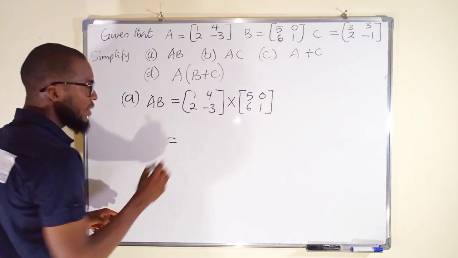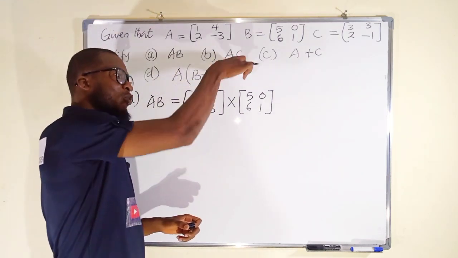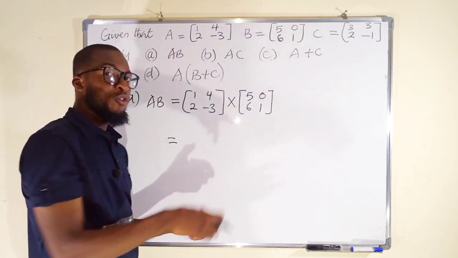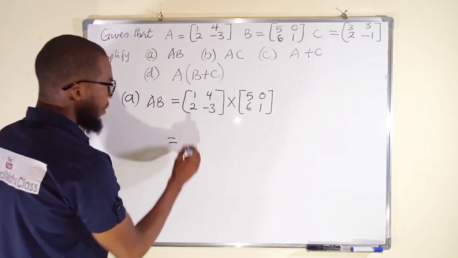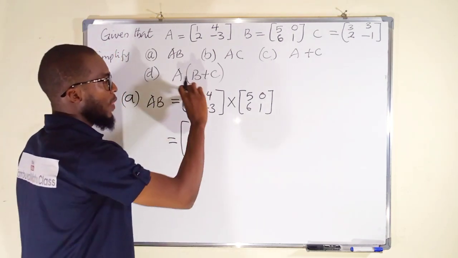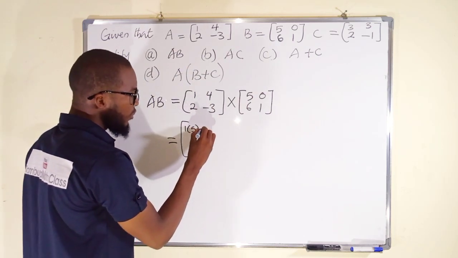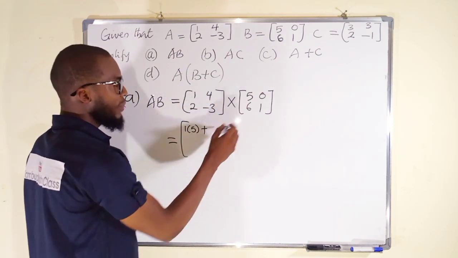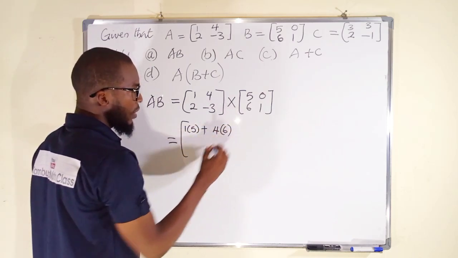This is going to be equal to, you're going to take the first row here to multiply the first column here for you to obtain the first row, first column element. So let's begin. You say 1 times 5, we have 1 times 5. You add 4 times 6, we have 4 multiplied by 6.